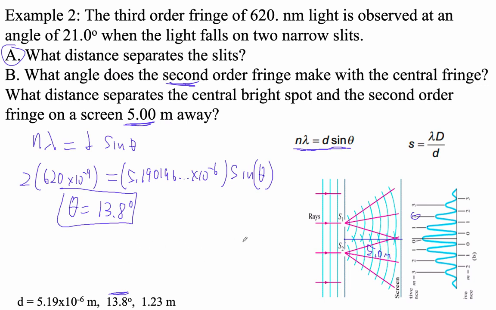Okay, and since that angle is not a small angle, I'm going to use the fact that if we look at this angle here, this is S and that's D, right? That the tangent of that angle is S over D, where S is how far apart the fringes are on the screen, or how far the distance is on the screen, and D is how far to the screen, right?